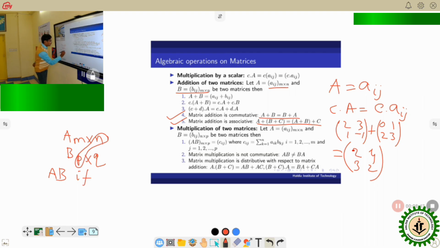If n equals p, that means the number of columns of A equals the number of rows of B, then AB is defined, and BA is defined similarly if q equals m. And what is the order of the product of these two matrices? AB is a matrix of order m cross q, and BA is a matrix of order p cross n. So, this is the method how to find the product AB, that is called Cij.